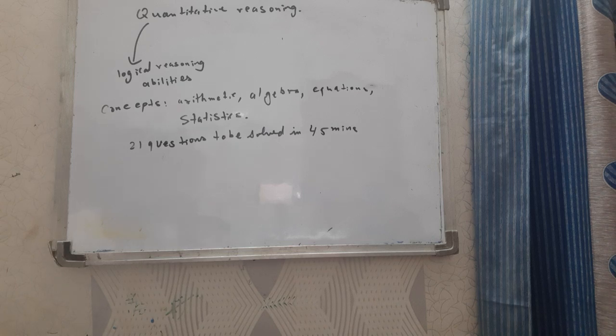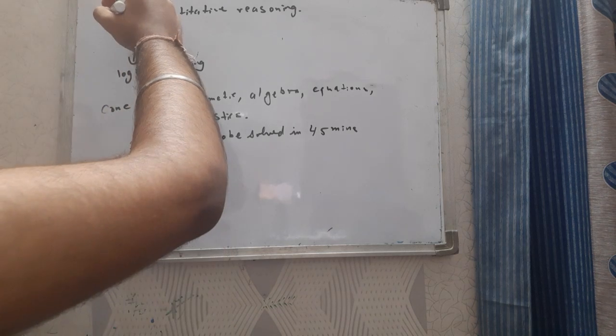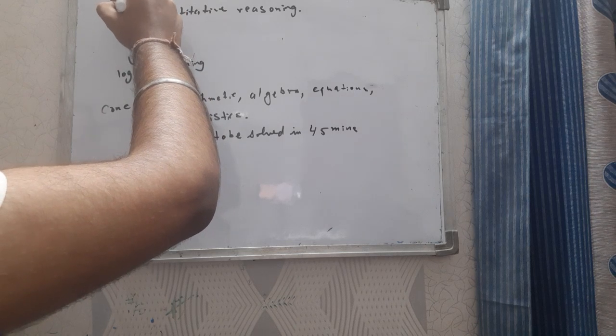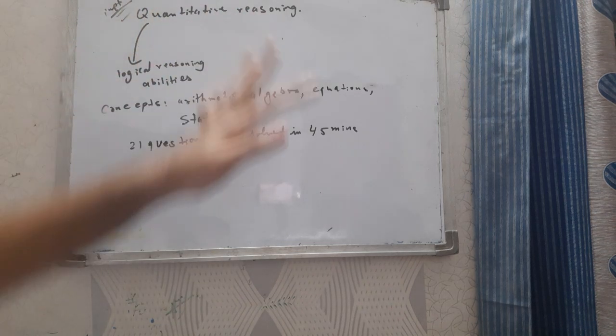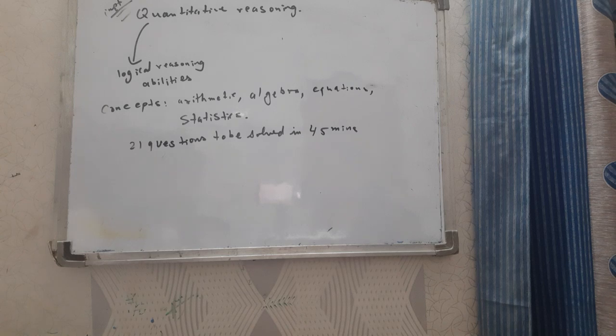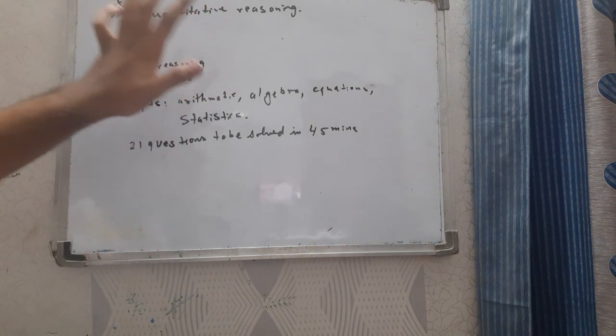You can solve them, but you just have to apply some logic. I would say this is one of the important sections. If you want a better GMAT score or to get into a better college for pursuing an MBA, you have to give major focus to quantitative reasoning. It can give you a lot of marks if you do it well.